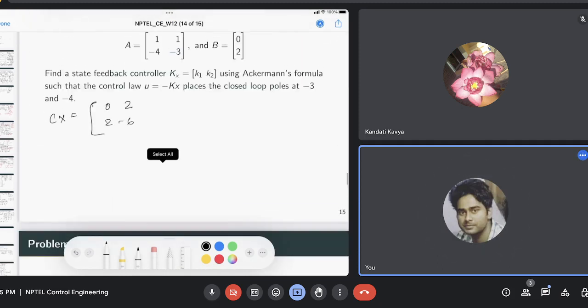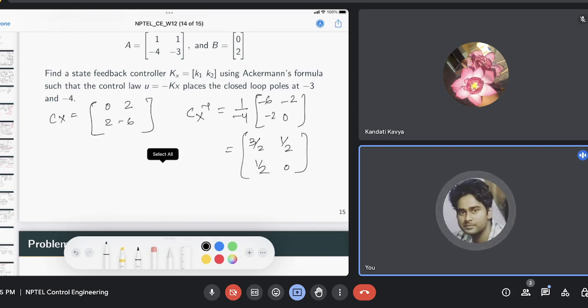So we need Cx inverse. The determinant is -4, and the adjoint is [-6 -2; -2 0], so Cx inverse is [3/2 1/2; 1/2 0]. This is just the adjoint of Cx divided by the determinant.